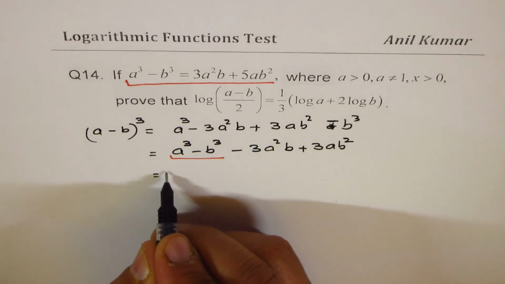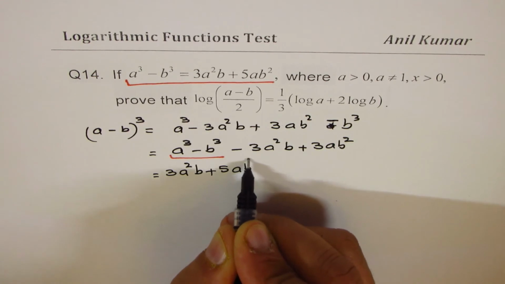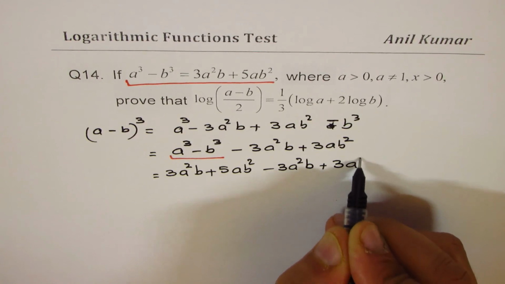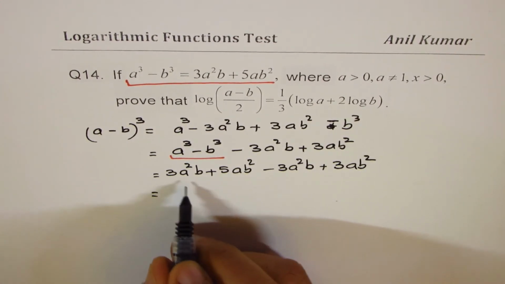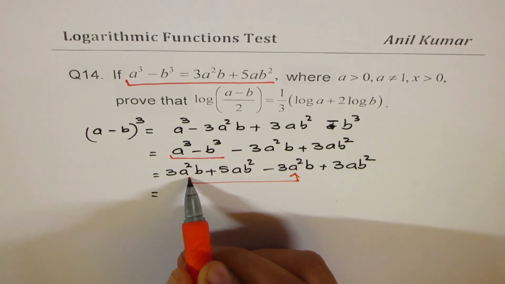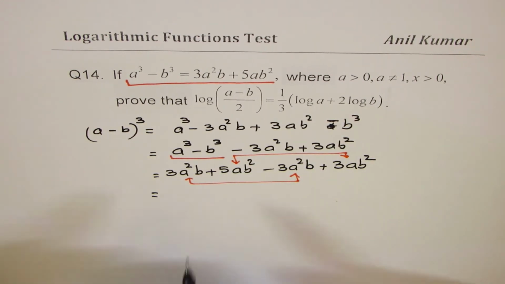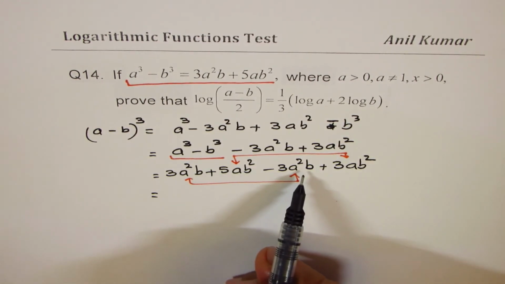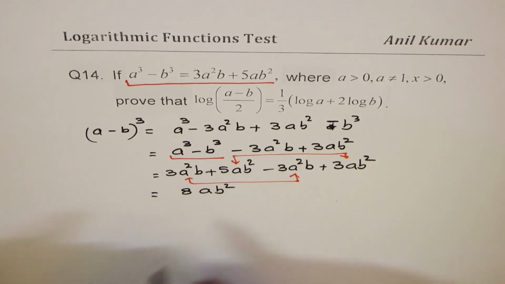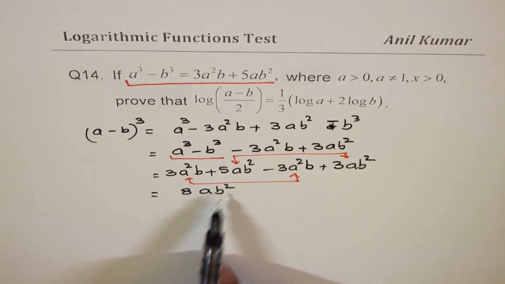So I could write this as 3a square b plus 5ab square, and we have here minus 3a square b plus 3ab square. We can simplify combining the like terms. So a square b with a square b and ab square terms we will combine. 3a square b minus 3a square b is 0. 5ab square plus 3ab square is 8ab square. So we get a minus b whole cube equals 8ab square.